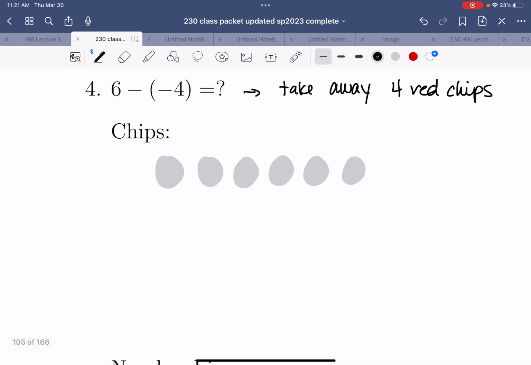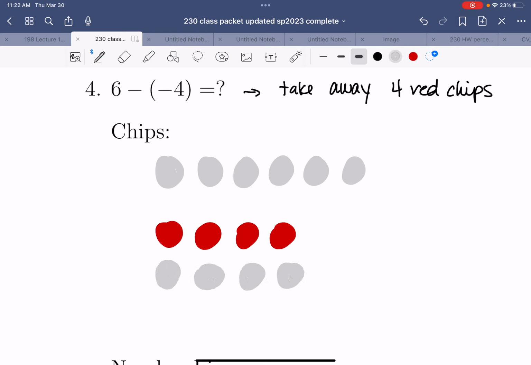Well, I can do that by adding in 0 pairs. So if I put in 4 0 pairs, I still am starting with a representation of +6, right? The 0 pairs are 0, and I have 6 white chips. But now I do have 4 red chips on the table that I can take away.